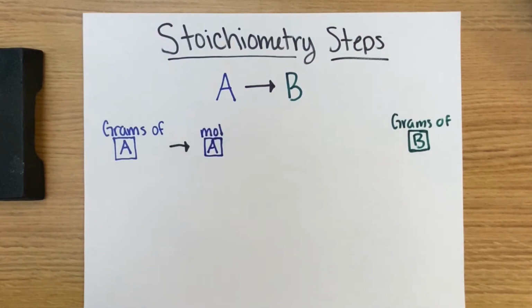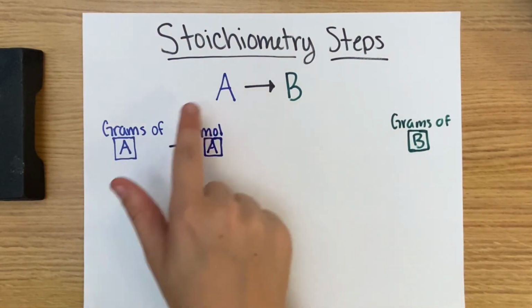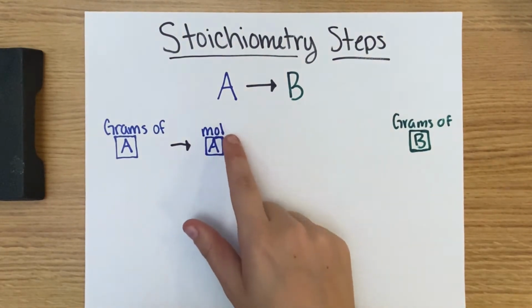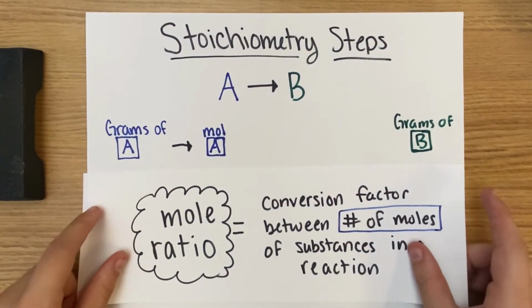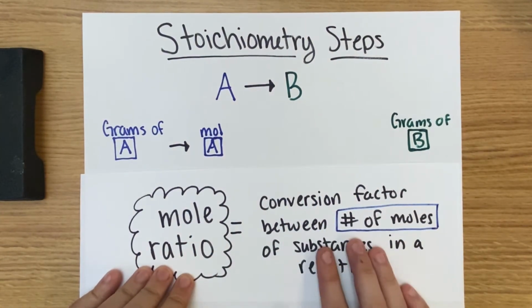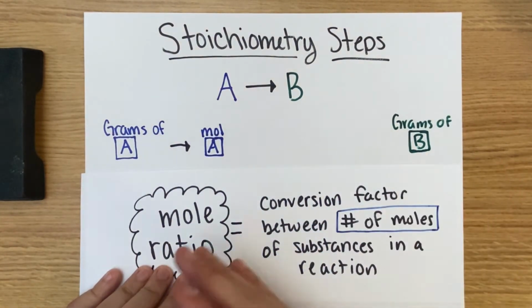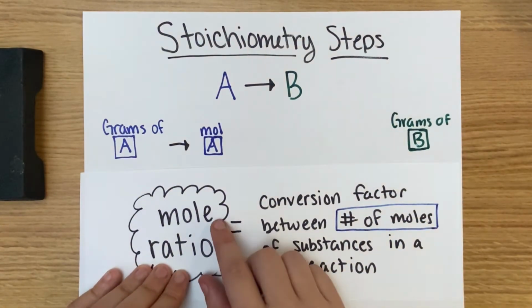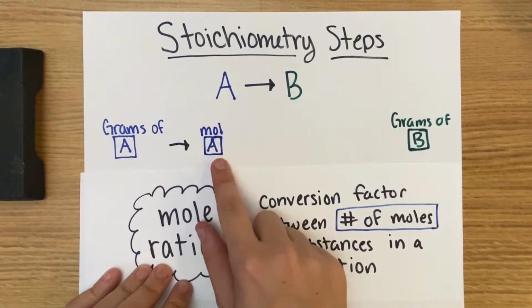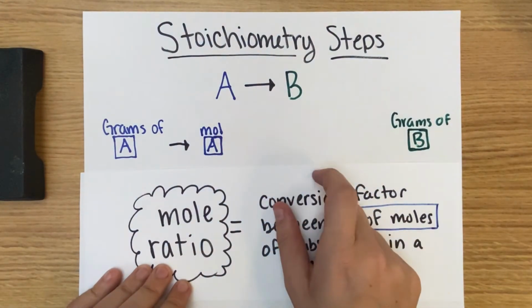The first thing we're going to have to do is convert our grams of A to moles. Once we have moles of A, then we can use our mole ratio. Remember, the mole ratio is a conversion factor between the numbers of moles of 2 substances in a reaction. So we can use our moles of A to figure out how many moles of B we should have.